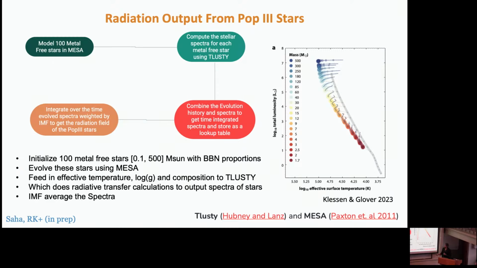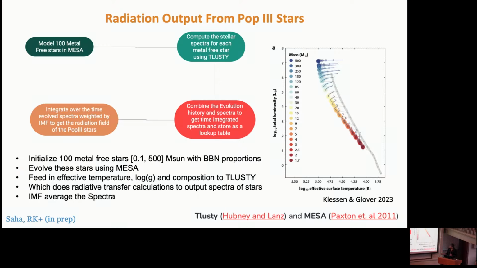So what we did is we initialized about 100 metal-free stars from 0.1 to 500 solar masses with Weibian proportions, and evolved these stars using the MESA code. From the MESA code, we took the effective temperature, log g, and the composition, and fed it to this radiative transfer code called +T, which does all the radiative transfer calculations for you and gives you an output of the spectra.